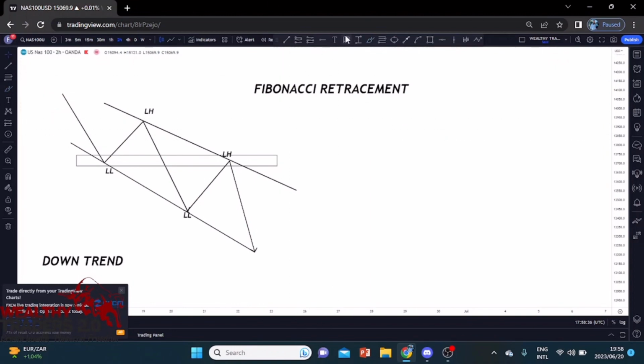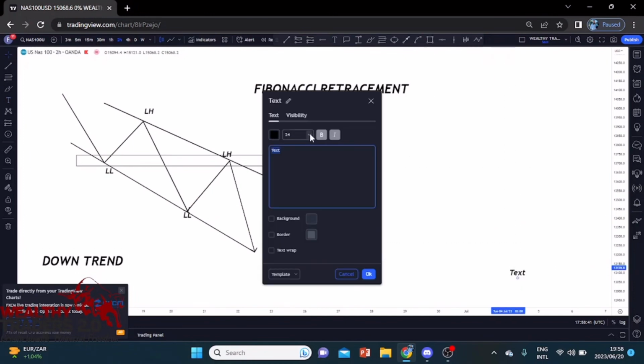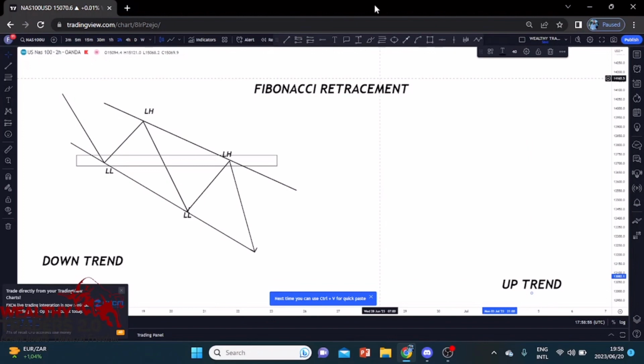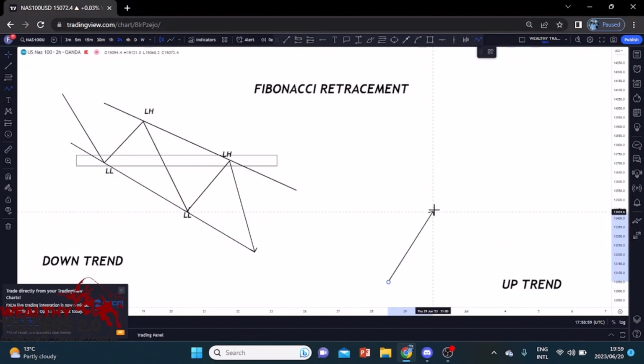That's the nature theory. Then I'm going to do an uptrend example, whereby you guys can already see that we have a nice market that is respecting our tool, which is Fibonacci. And remember, there are other things that are needed when you are trading Fibonacci.